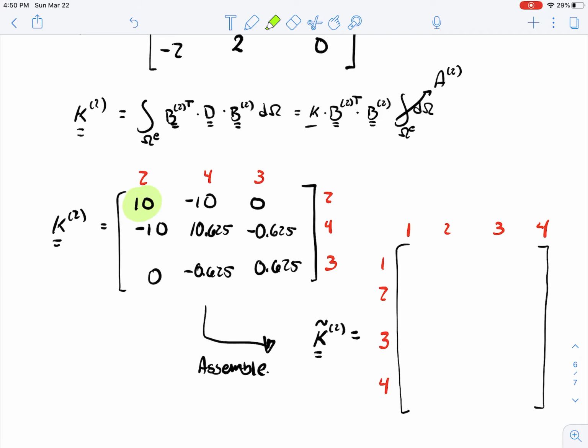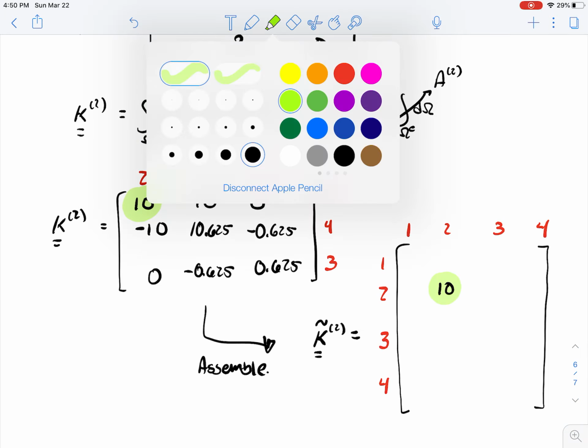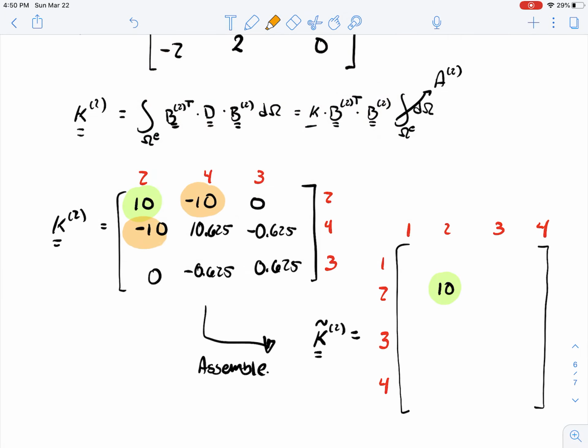For example, this entry should go to the entry 2, 2, so that would be here. Then these entries right here go to 2, 4, and 4, 2.